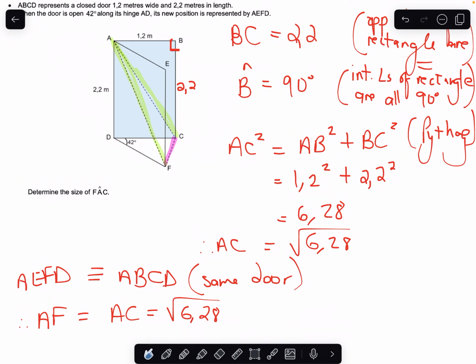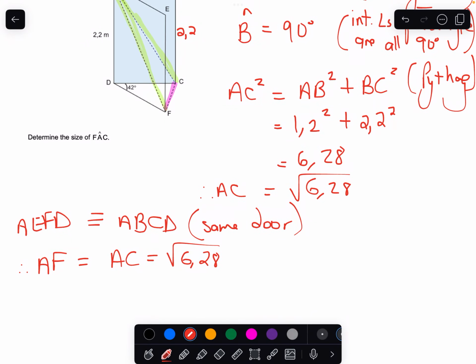So we know that DC is equal to DF because again of the congruency of these two rectangles.